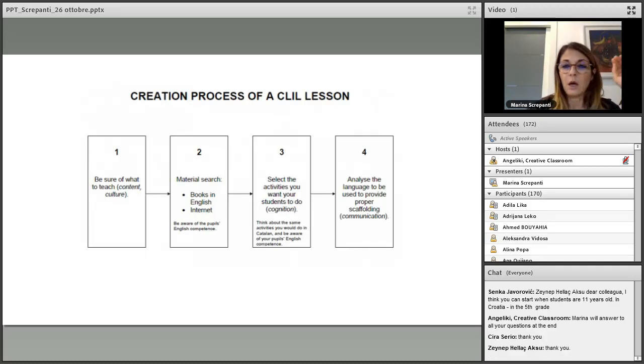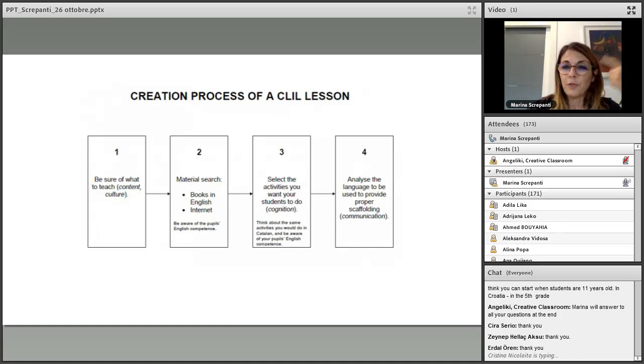No, you have to start from the content. So today we will talk about, I don't know, for example, earthquakes. Because in science, I'm studying earthquakes. Okay, so what do I need? I need some videos, I need some flashcards, I need some pictures.